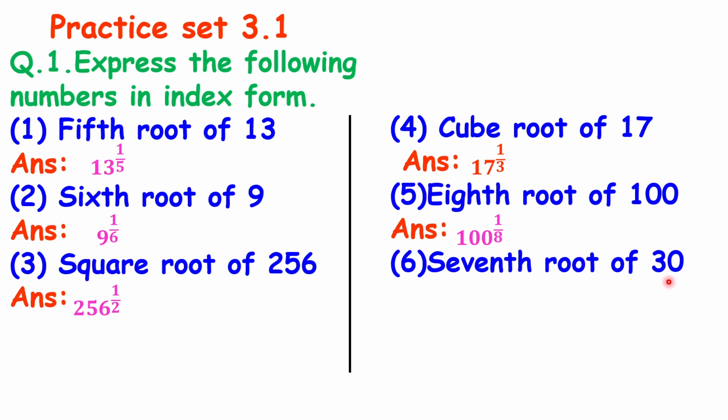Seventh root of 30. So observe which is the base. Tell me which is the base. So 30 is the base. And which is the denominator of the index? 7th is the denominator of the fraction. So answer is 30 raised to 1 upon 7. Correct.